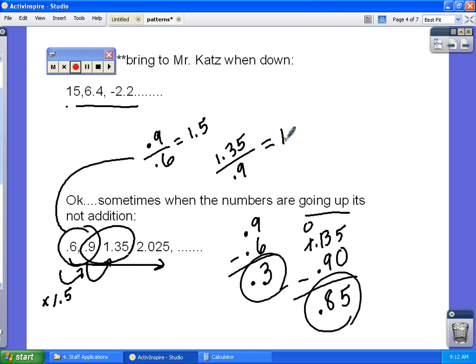You're going to notice you get that same 1.5. So if you're dividing and you get the same number, it means since the numbers are going up, you're actually multiplying by 1.5. Remember, you do the opposite to see if it works. So to get to the next number, you're just going to do 2.025 times 1.5.